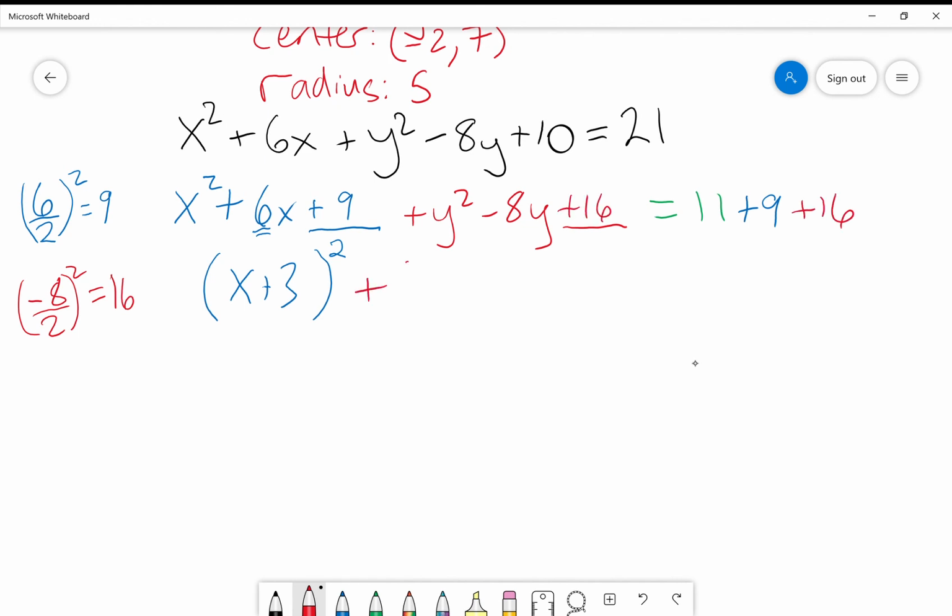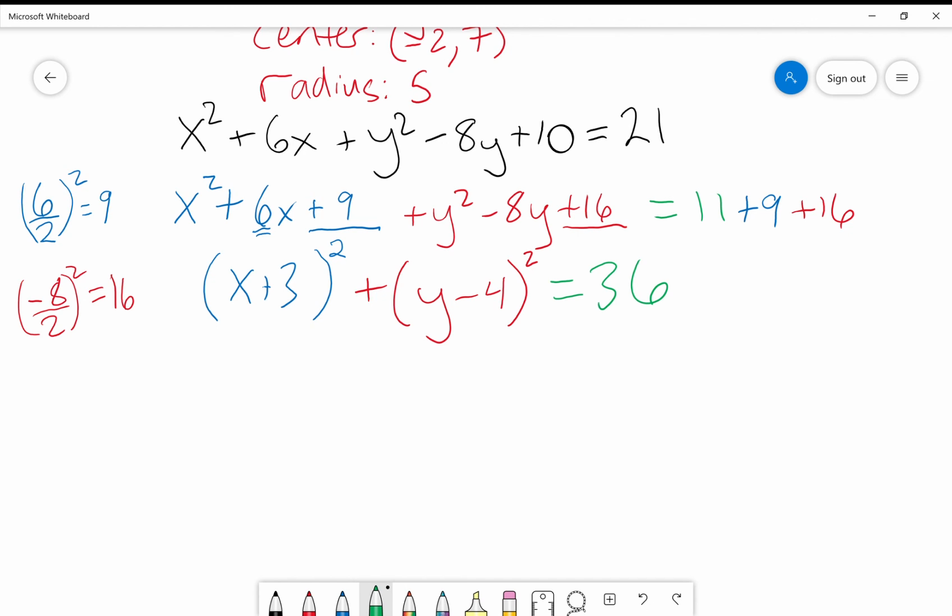Well, when I factor this, if it multiplies to 16 and adds to negative 8, that'd be negative 4 and negative 4. So I'd have y minus 4 times y minus 4, or y minus 4 squared. All right, and now all of this equals 11 plus 9 is 20, plus 16 is 36.